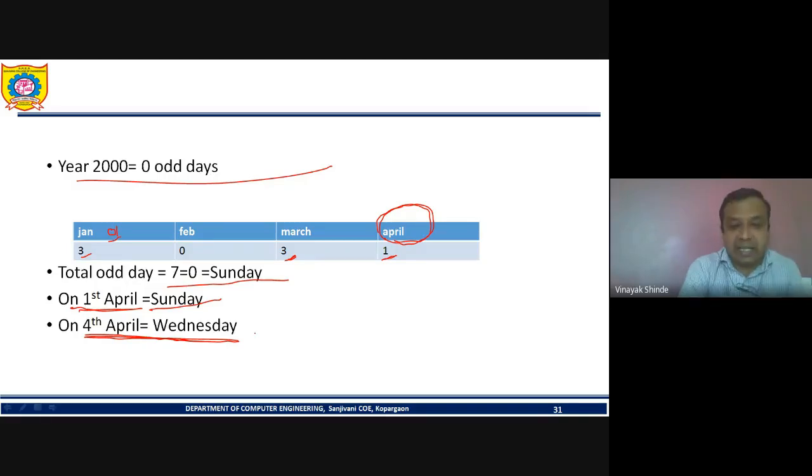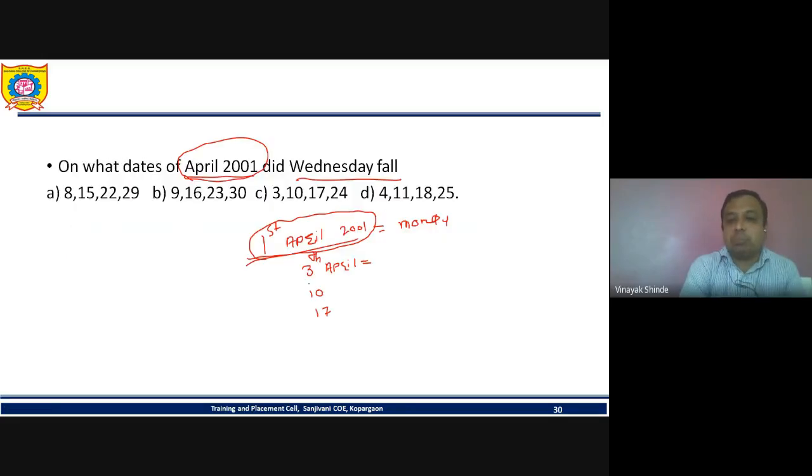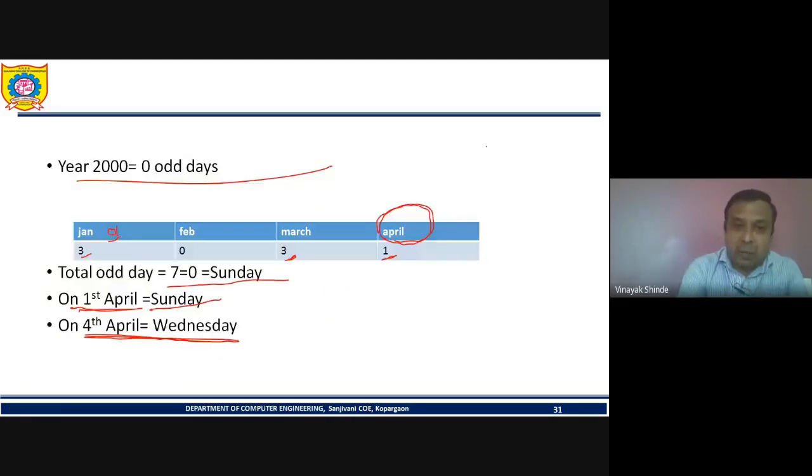Add 7 in that, 18th of April, it is Wednesday. Right, like this, we have the answer. It is option number B. 4th of April, 11th of April, 18th of April, and 25th of April. These are the dates on which Wednesday falls. It is a simple logic to calculate the answer.